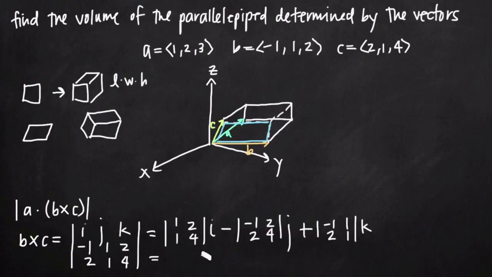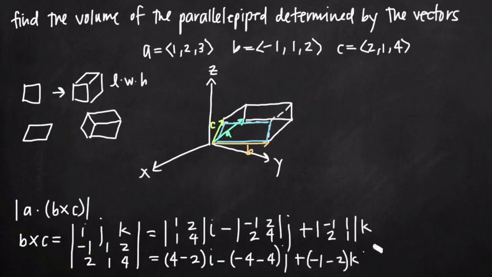Now when we simplify, we take the upper left times the lower right, so 1 times 4, which is 4, and then subtract the product of the lower left and upper right, 1 times 2, which is 2. So 4 minus 2 times i, minus negative 1 times 4 is negative 4, minus 2 times 2, which is 4, times j, plus negative 1 times 1 is negative 1, minus 2 times 1, which is 2, and multiply that by k.